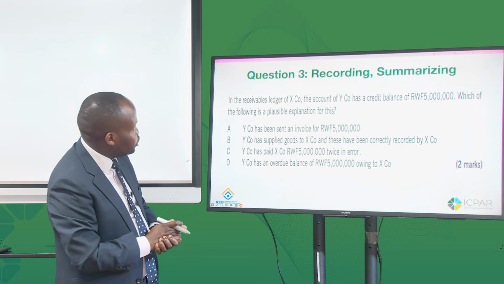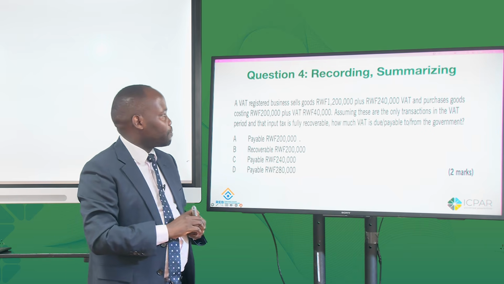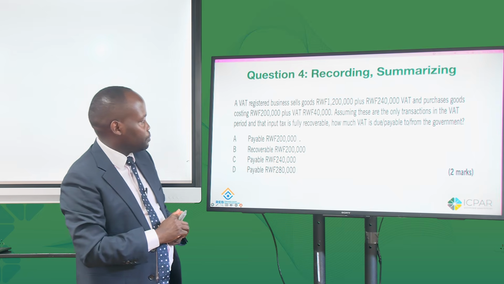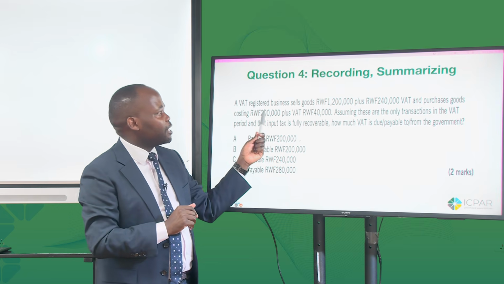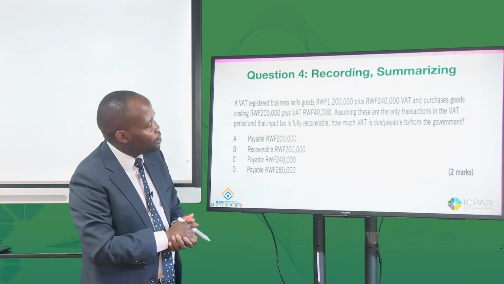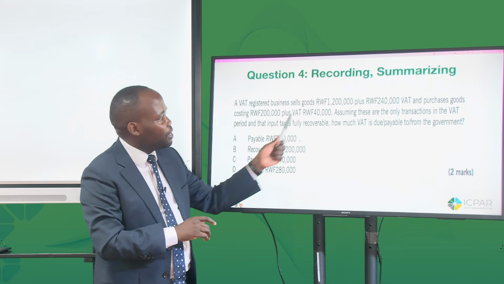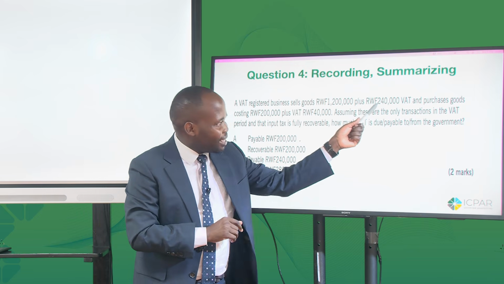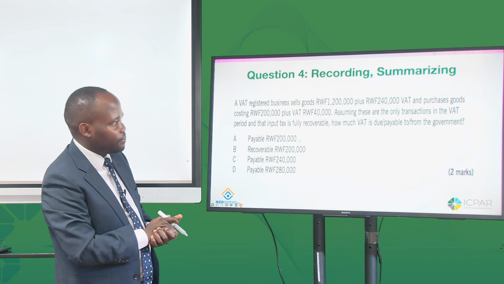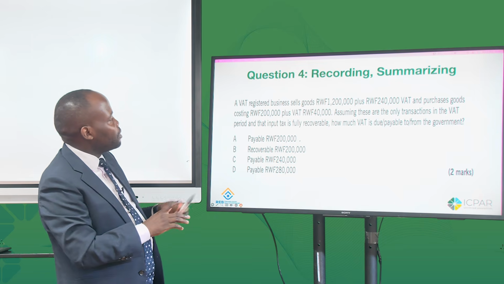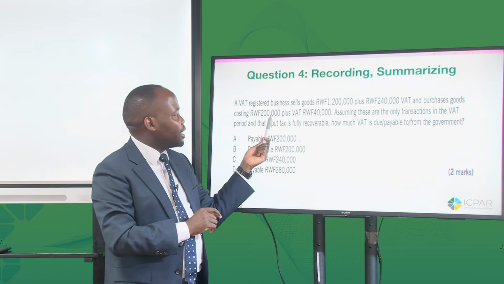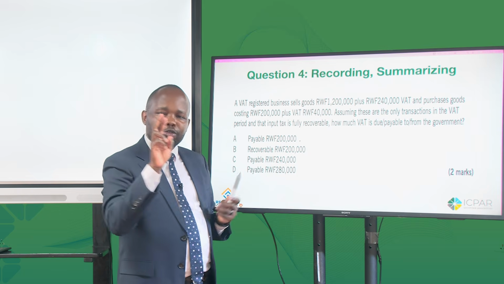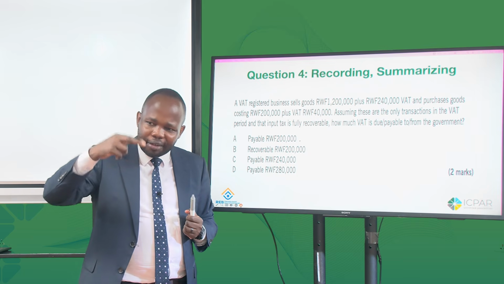The fourth question is computational. A VAT registered business sells goods for 1,200,000 plus 240,000 VAT and purchases goods costing 200,000 plus a VAT. There are 2 types of VAT which we looked at in our previous unit.